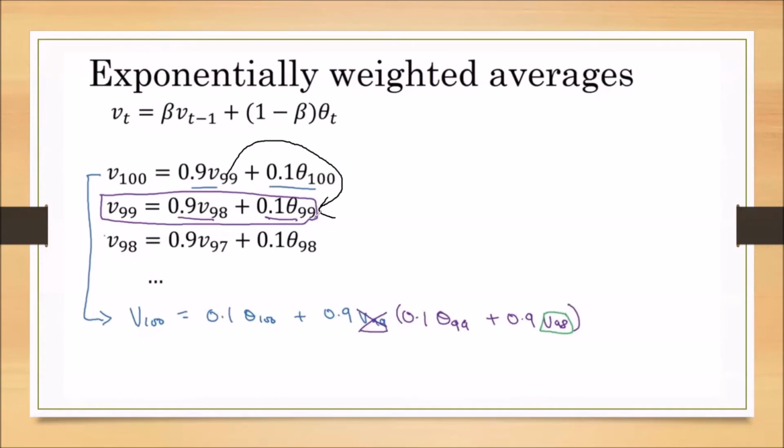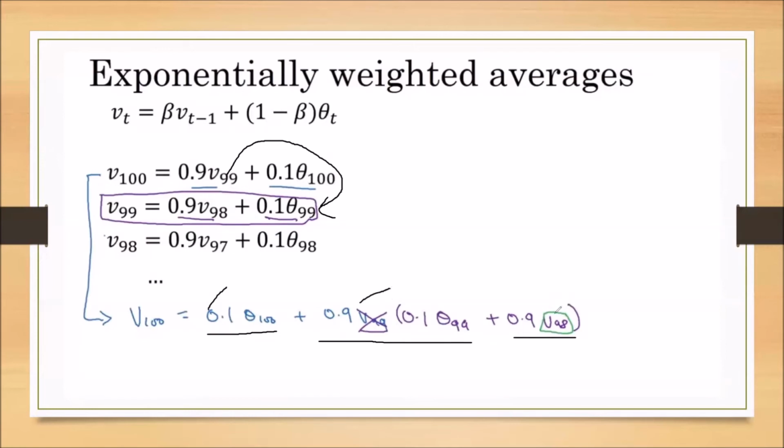So if I substitute V99 in V100, then we are getting 0.1 into theta 100, that is fine, and 0.9 into 0.1 into theta 99, that is fine, plus 0.9 square into V98. So 0.1 into theta 100, 0.1 into 0.9 into theta 99.